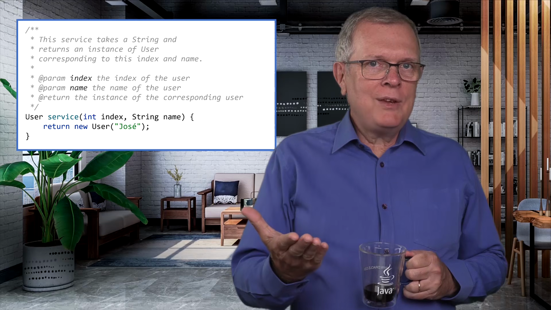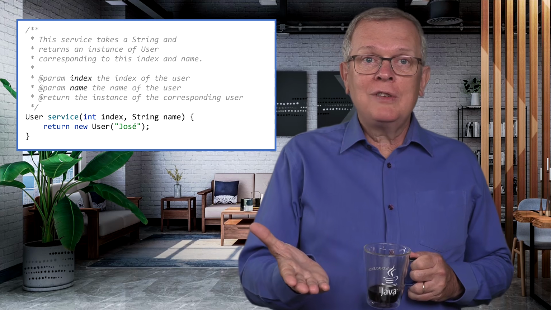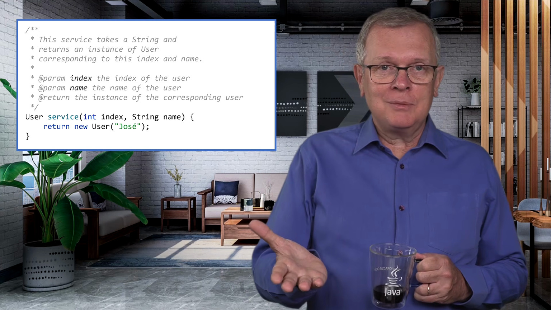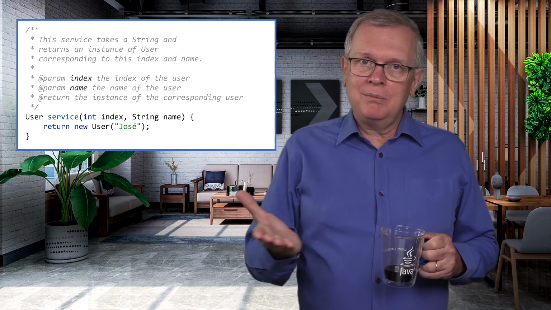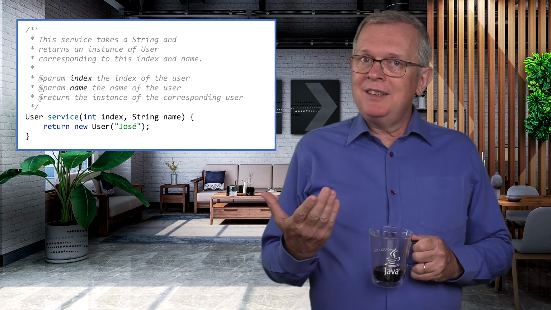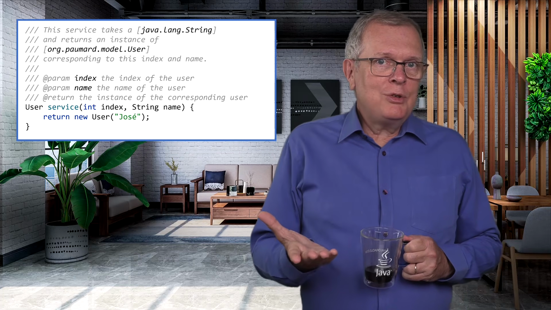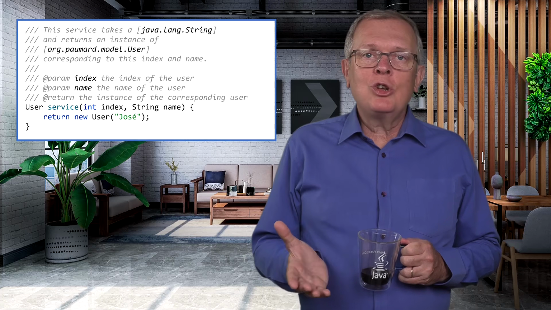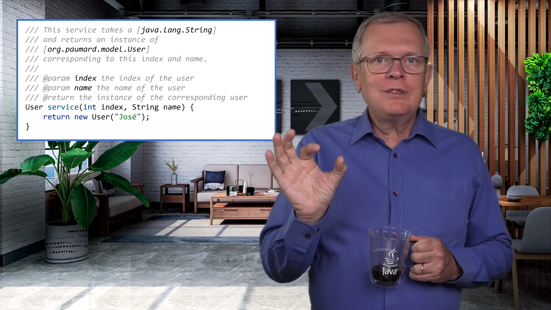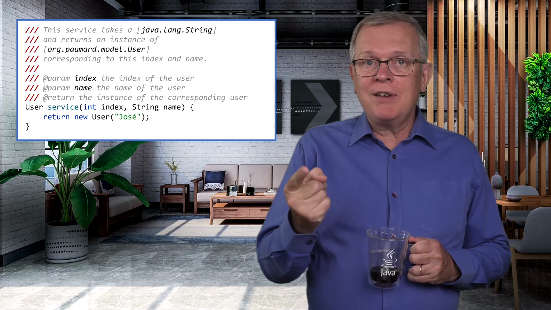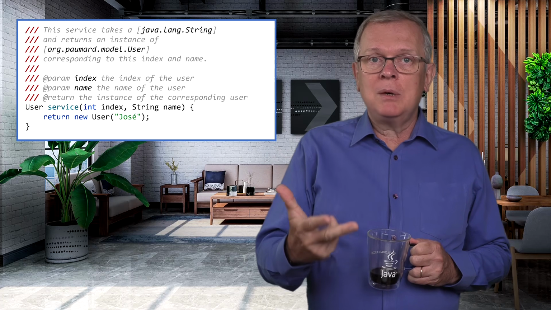So JavaDoc evolved, and now you can use Markdown to write the documentation of your Java services. Instead of writing this, which is the classical JavaDoc that you know, you can now write that, which is Markdown. When you need to use Markdown to write your documentation, all you need to do is to start the line with this /// and the JavaDoc tool will interpret this group of lines as Markdown.